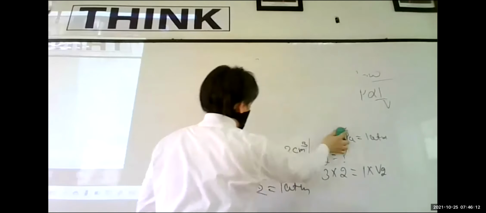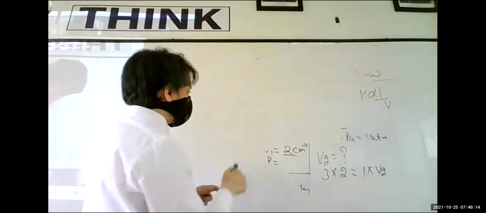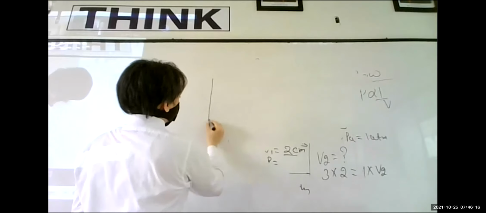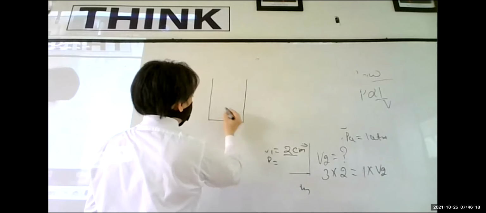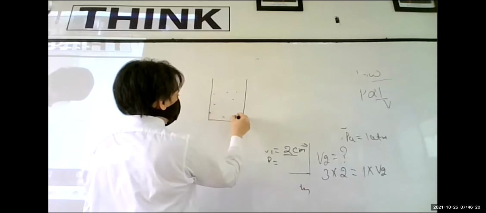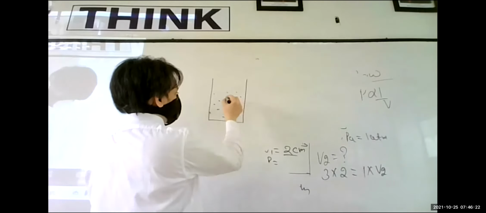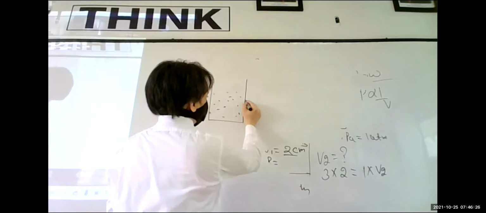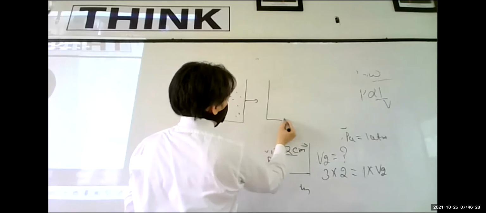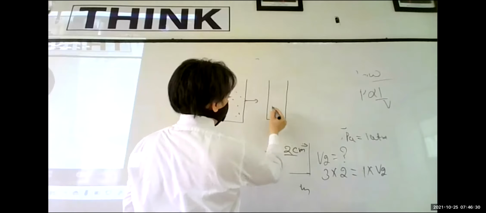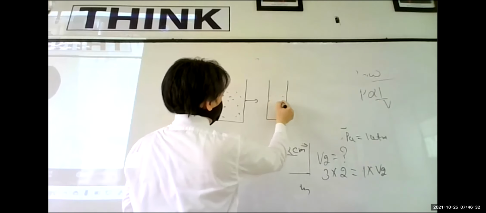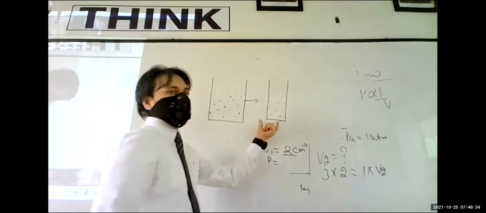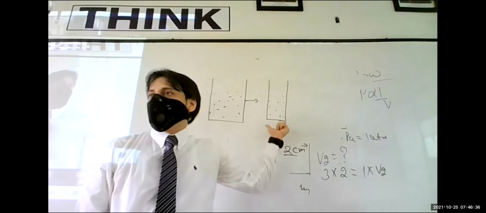This is the same concept, children, but when I squash a balloon or a container in which gas is filled, just consider this diagram. After squashing, this diagram is slightly like this. After squashing, this will be the diagram.